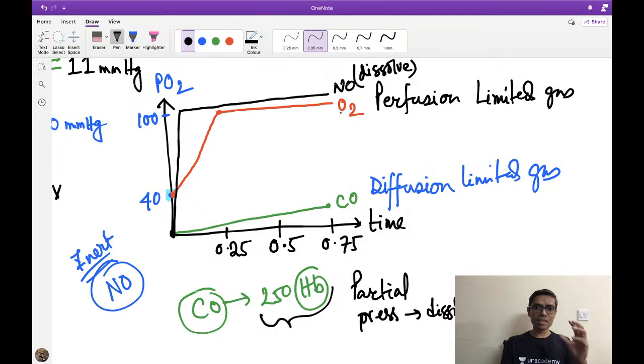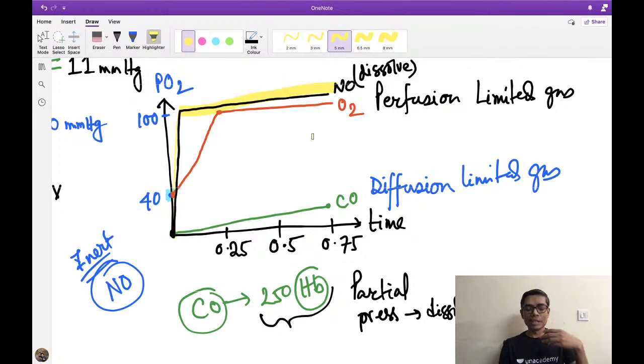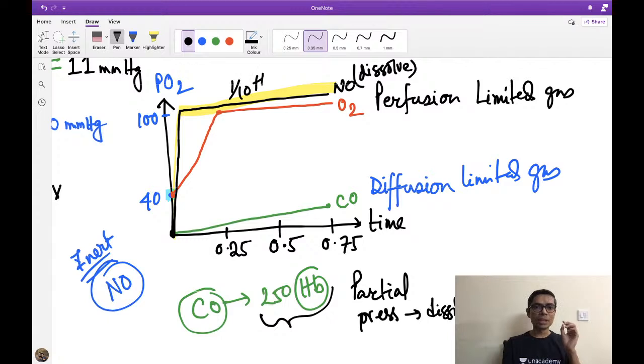Because nitrous oxide has only the dissolved portion, whenever it enters the blood, a huge partial pressure rise will occur, and diffusion equilibrium will be reached immediately. It is said that for nitrous oxide, this equilibrium is reached in 1/10 of the total transit time. For oxygen, it is 1/3. For nitrous oxide, it is only 1/10.